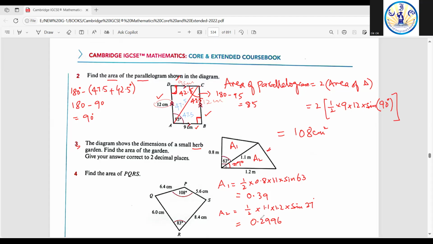So we can consider it to be 0.3. So the final area is going to be the sum of these two. So area is 0.39 plus 0.3, that is 0.69 meter squares.